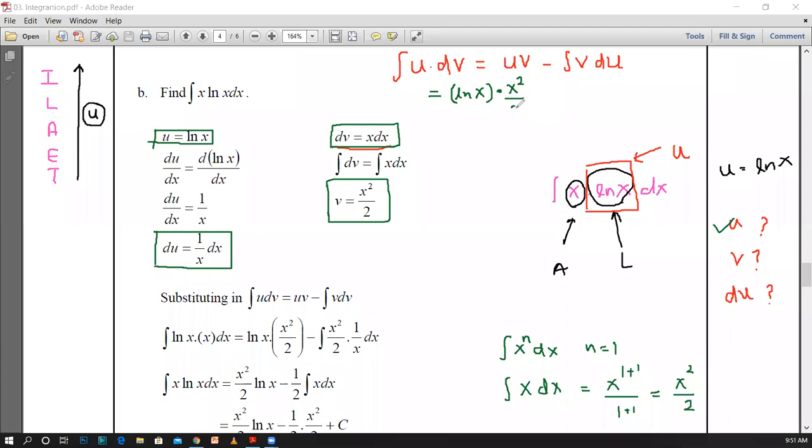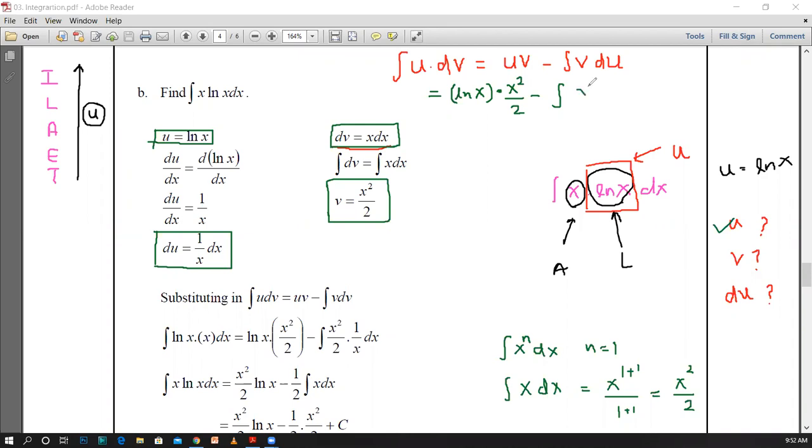You must definitely use the bracket sign when dealing with natural logarithms. Otherwise, you may think you can multiply this x with x squared divided by 2, but you cannot do that. This x is inside the natural logarithm, so the whole function should be multiplied with x squared divided by 2. Then, minus the integral of, now you have to take the value for v.